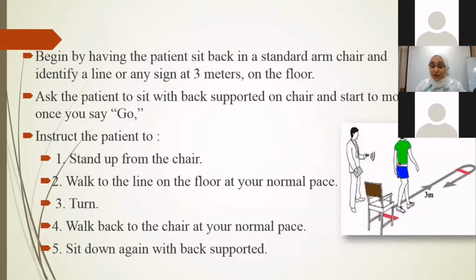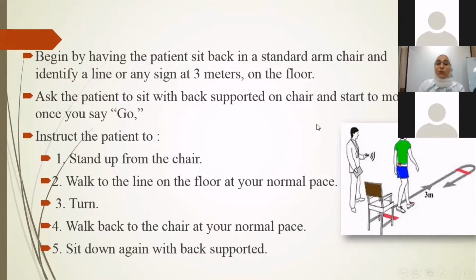We'll give some instruction to the patient that once we say go, you should stand up from the chair, walk to the mark on the floor, which is 3 meters, then turn around the mark, then walk back to the chair at your normal pace, and sit down again with back supported.